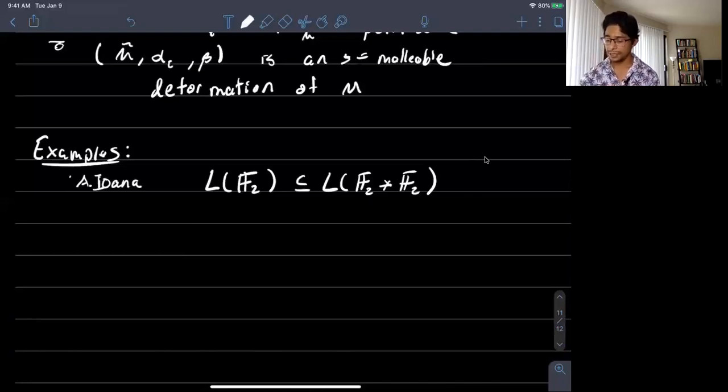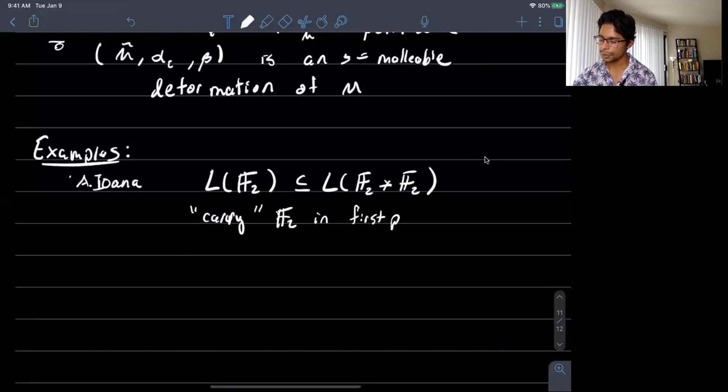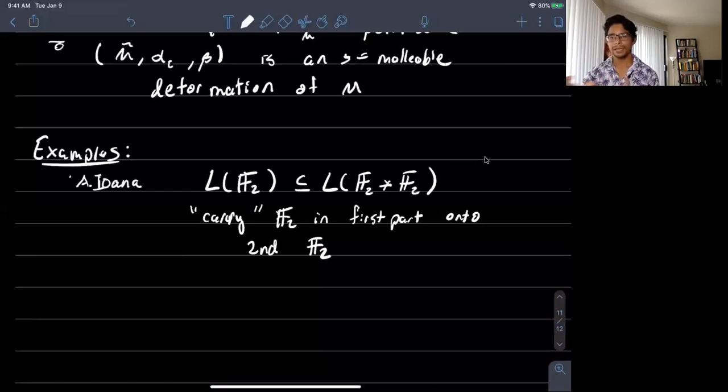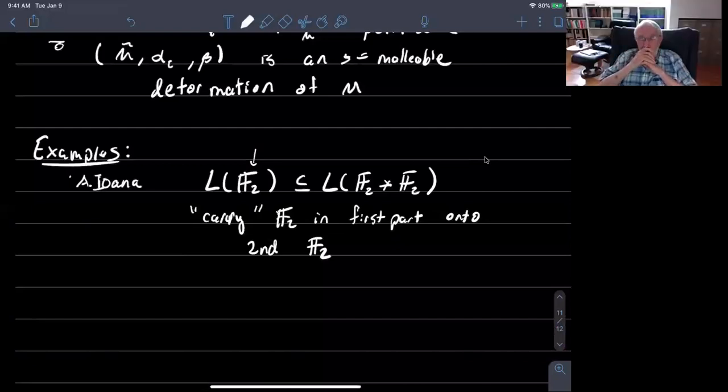And Ioana was able to describe a deformation that allowed you to carry this F2, let's say the first part, onto the second part. So there's a way to use this free deformation to flow these generators over here to the generators on the other side.